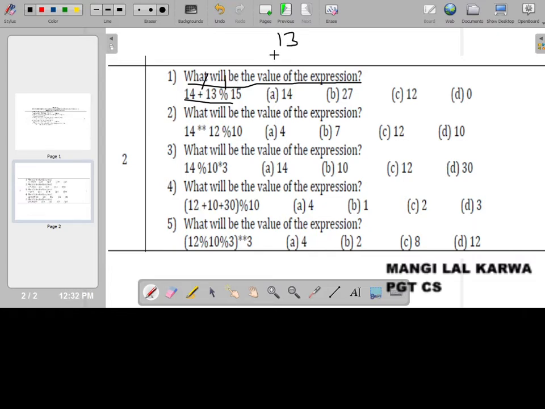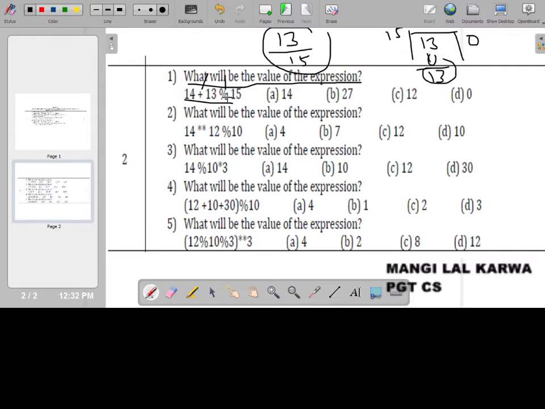So 13 divided by 15, what will be the result? See, I am dividing 13 by 15. When I divide, the answer will be 0. How? We cannot divide one time, so we will divide 0 times. So this is 0 and the remainder is 13.